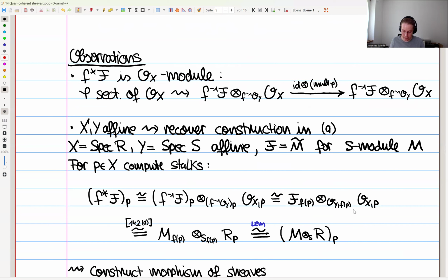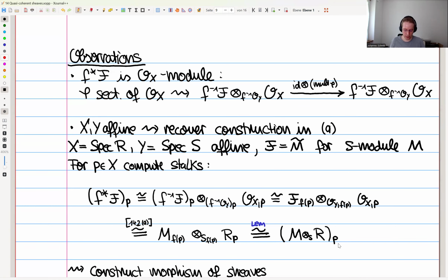And then finally, this O_X,P, I mean, X is Spec R, so this is the localization of R at the prime ideal P. So this uses that we can calculate stalks of these tilde sheaves as just the localizations of the corresponding module. And now there's just a commutative algebra lemma that tensor products commute with localization in this way, so that this is just a localization of this tensor product here at this point.